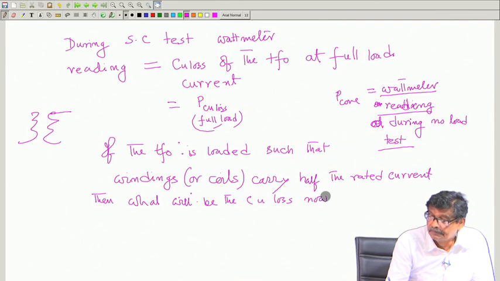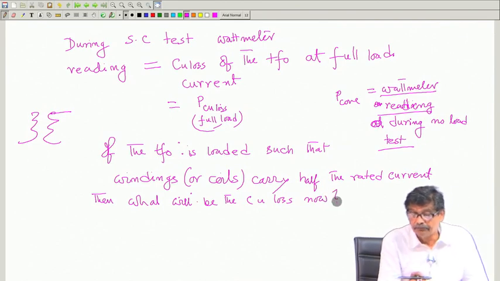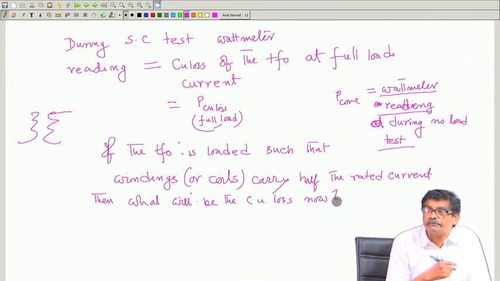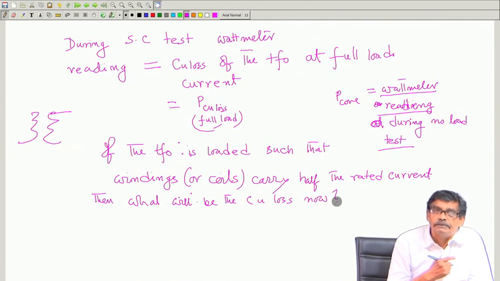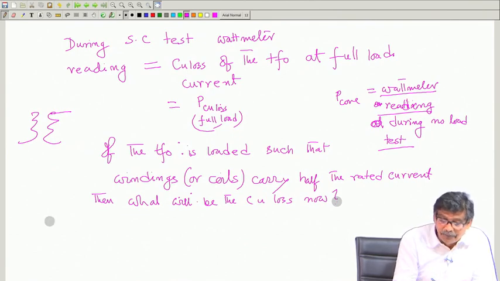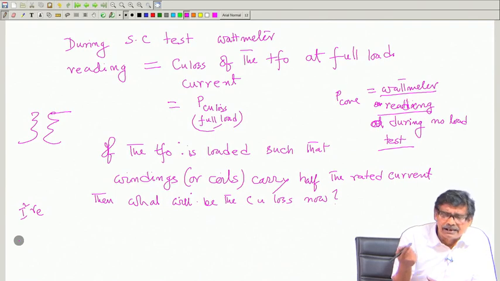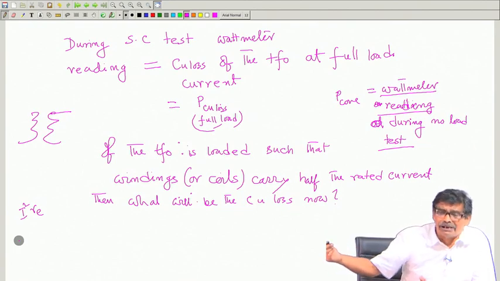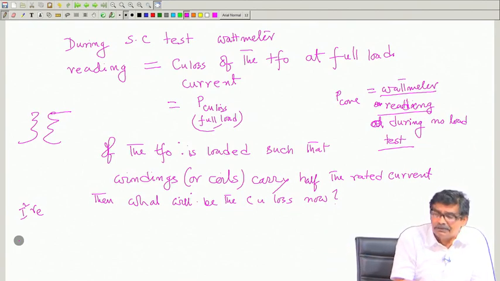Now, in terms of this full load copper loss, how much it will be? After all, copper loss is some I squared into R_e. It is I1 squared R_e1 or same as I2 squared R_e2. I will not separately calculate I1 squared R1 plus I2 squared R2.